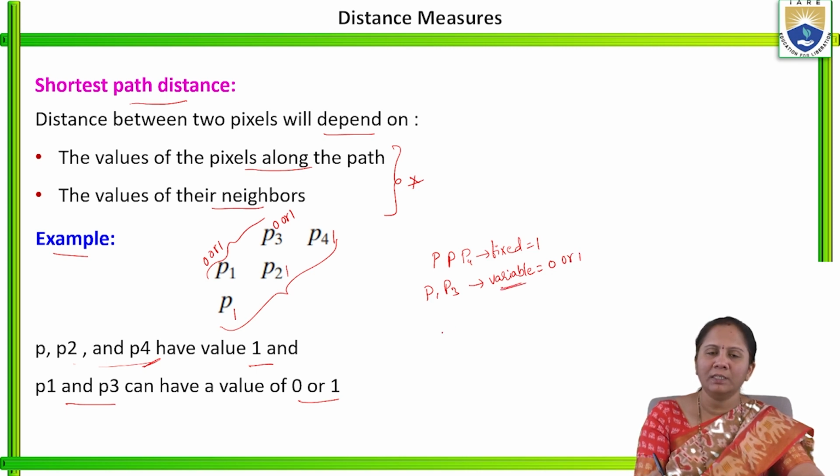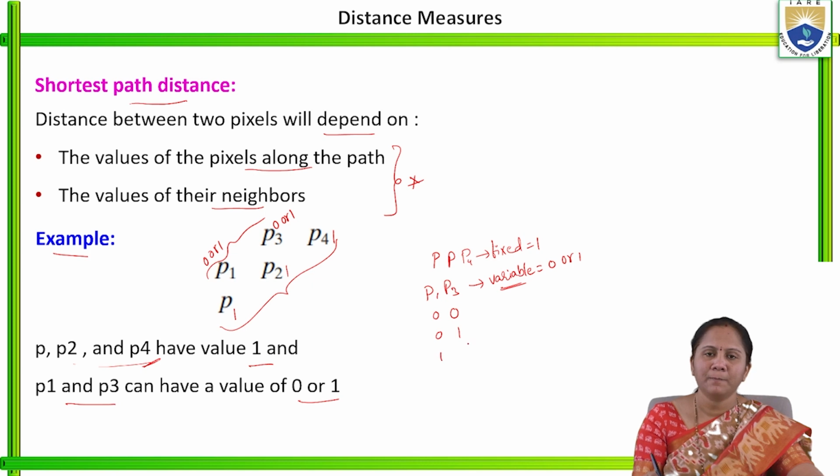So based on this condition, what we can understand, the pixel value can be, P1 can be 0 and P3 can be 0, or in other case P1 can be 0 and P3 can be 1. In next case, P1 is 1, P3 can be 0, or in the last case, P1 and P3 both can be 1s.